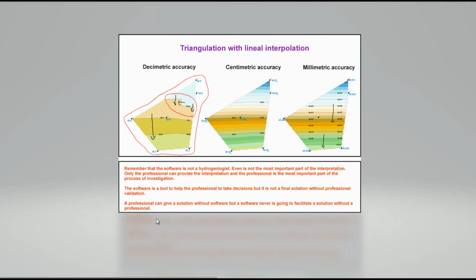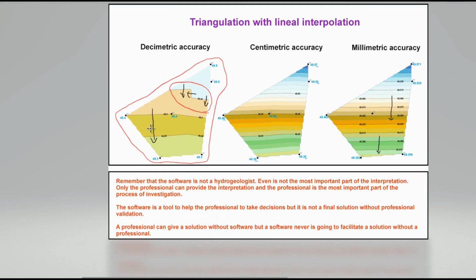A professional can give a solution without software, but software is never going to provide a solution without a professional. I don't need the software to interpolate the contour lines. I can do it by hand. The software is just a tool that helps me provide more information. Then I have to take the final decision.